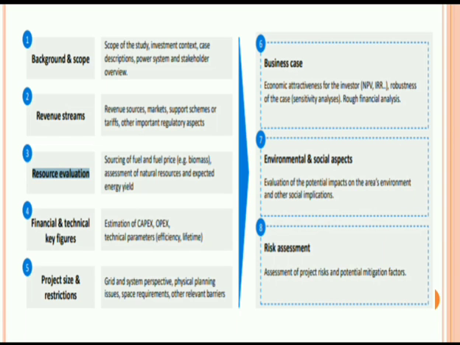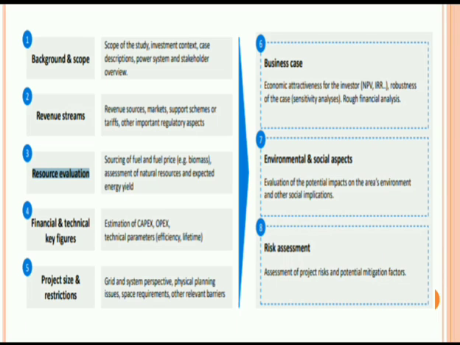In the business case, we will see economic attractiveness for the investors, and a rough financial analysis of the particular project. Environmental and social aspects. In this, evaluation of the potential impacts on the area's environment and other social implications.